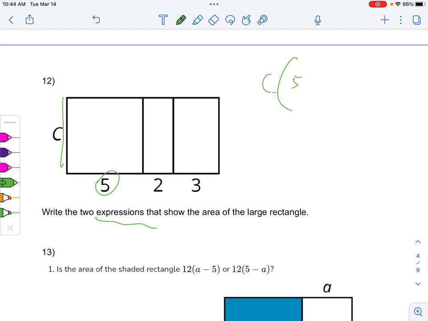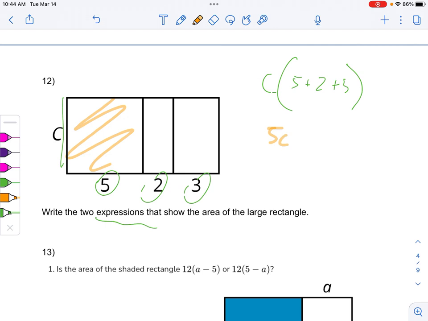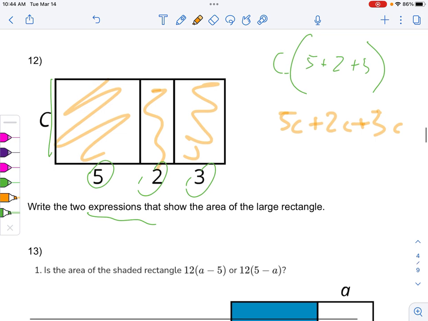Let me try that again. 5 plus the 2 plus the 3. That's one of them. Now we can do the area, which is that side right there, which is 5 times C. And we got this guy, which is plus 2 times C. And we got this one right here, which is plus 3 times C. And those are all my different pieces.